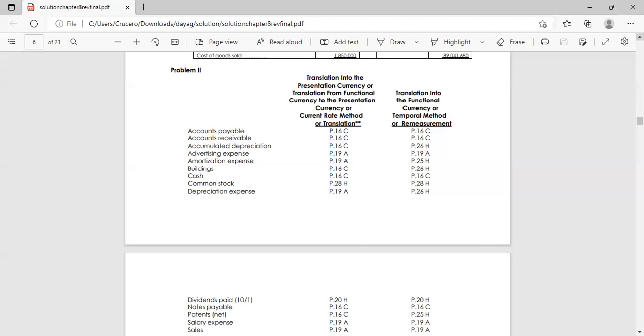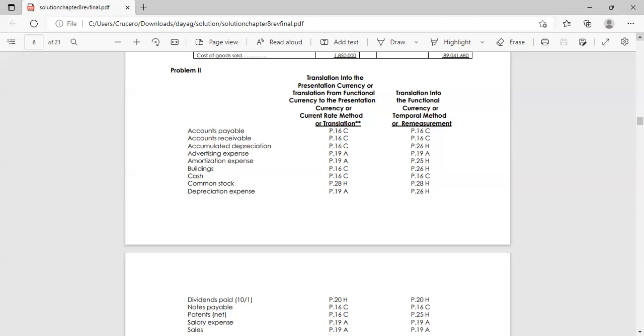And the last part, we have the income statement items related to non-monetary items. So you have to study these pages because they involve very important rules that you are going to use in the course of answering the problems.